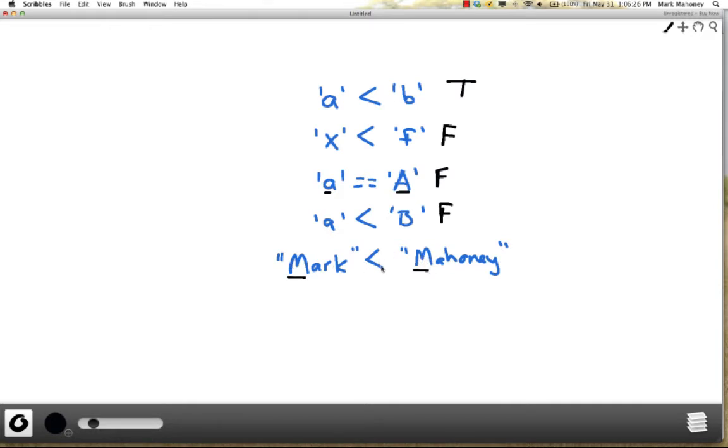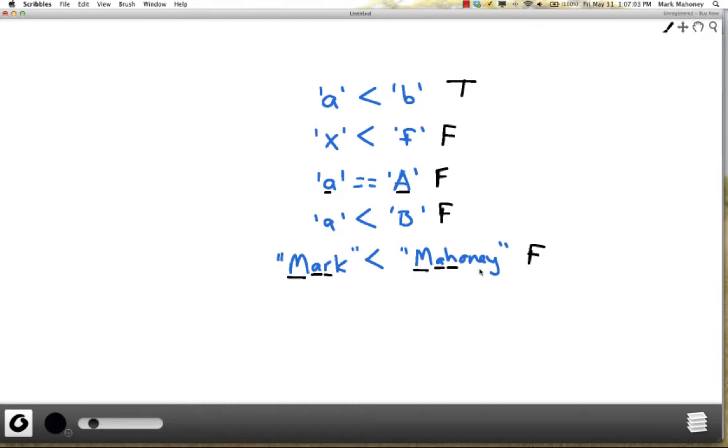Those are the same, so we can't say for sure that this string comes before that one. So we go to the next character: does lowercase a come before lowercase a? Again, we don't really know. That doesn't tell us anything about the whole word yet. Then we get to the third letter, and, I'm sorry, the H is the third letter. So does R come before H? Well, no. So what we can say is that the word Mark does not come before the word Mahoney.